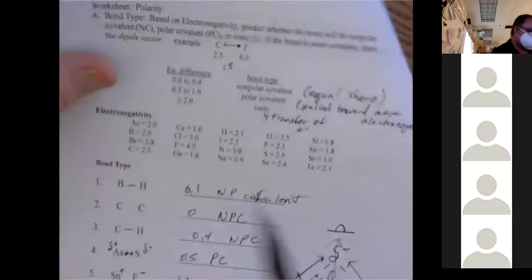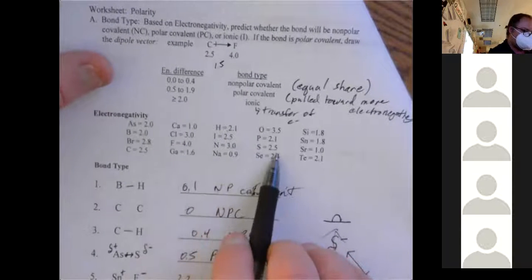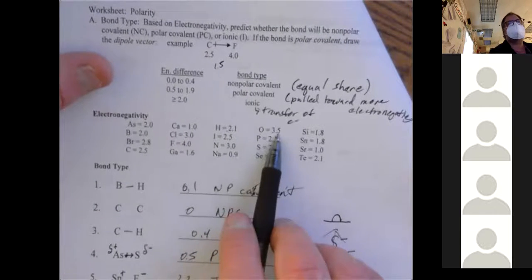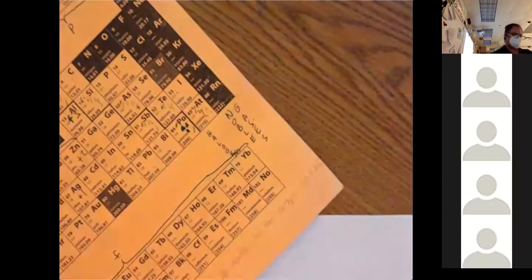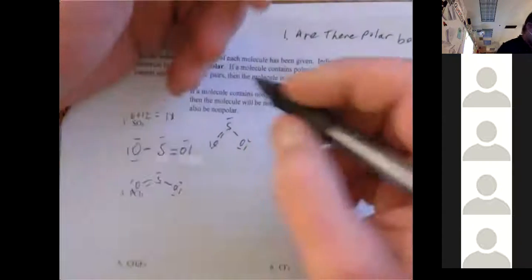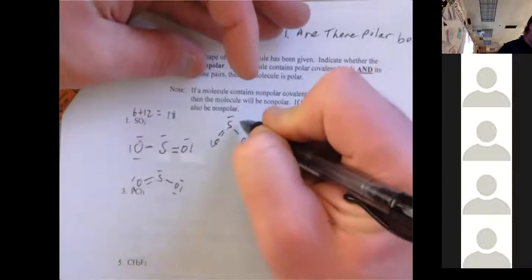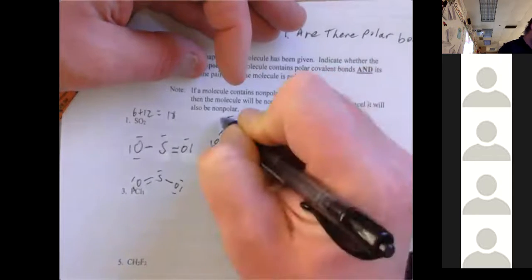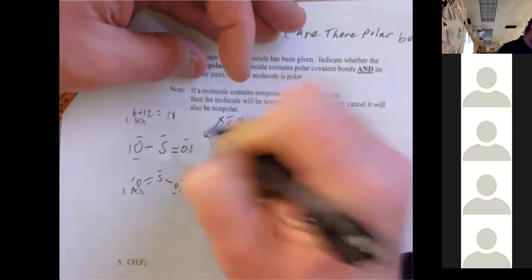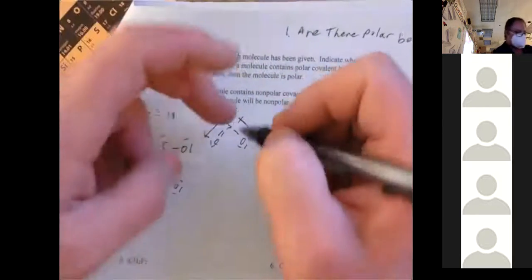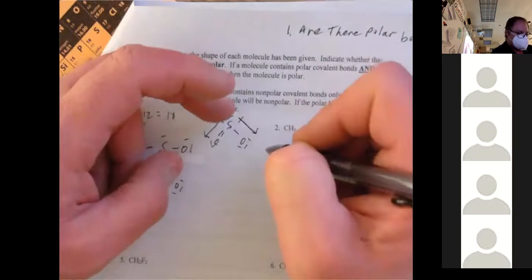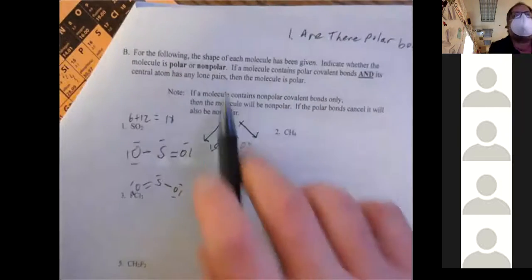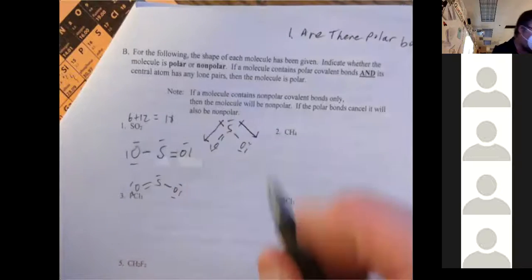Sulfur is 2.5. Oxygen is 3.5. So what that means is these are polar, and they're going to be pulling towards the oxygen. So since there's pull down and to the right and down and to the left, and there is no upward pull, this is polar.